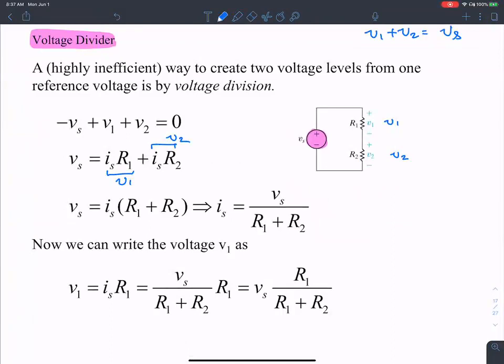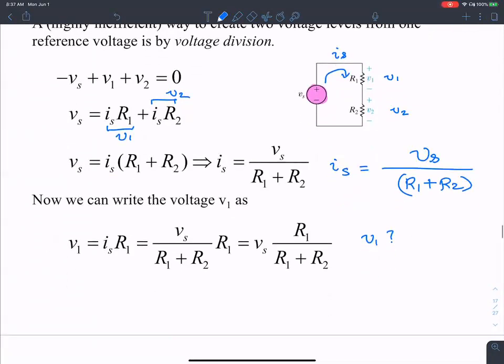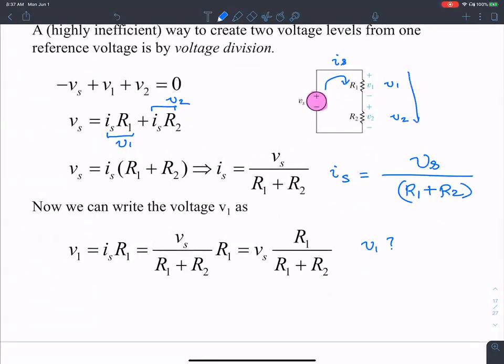So if I have to find the total current IS, all I simply have to do is Vs over the total resistance. Two resistances in series means the equivalent resistance is the sum of their resistances. So IS is Vs over R1 plus R2. Now how do I find V1? Remember, these are in series, so the same current IS is flowing through R1 and R2.